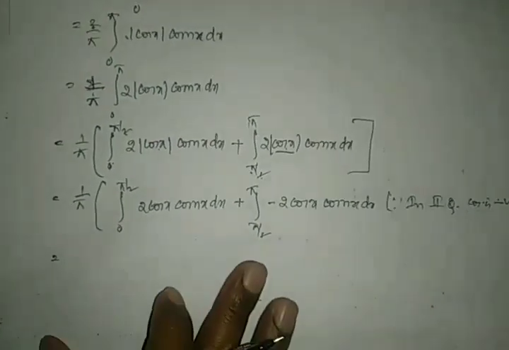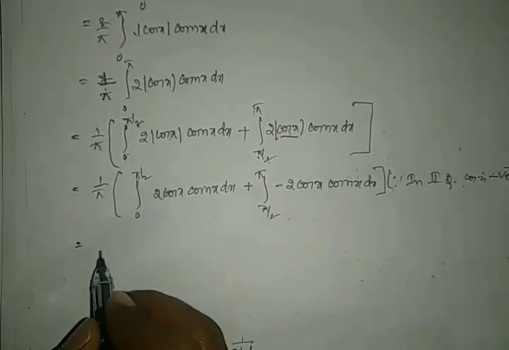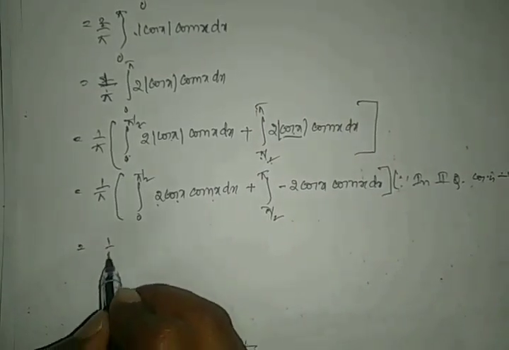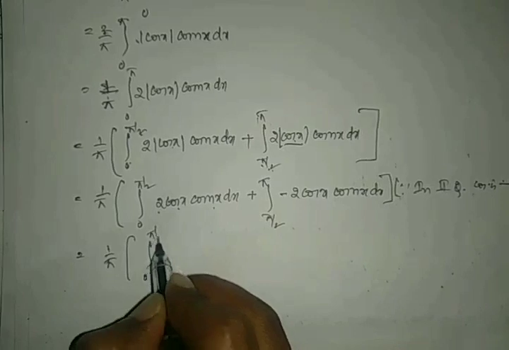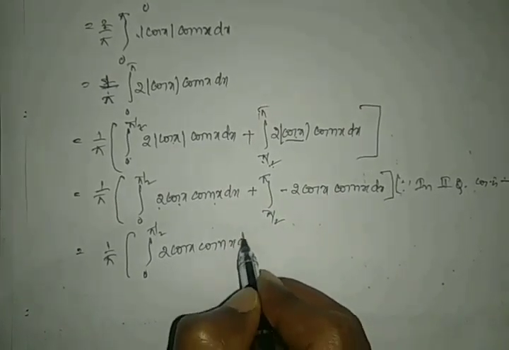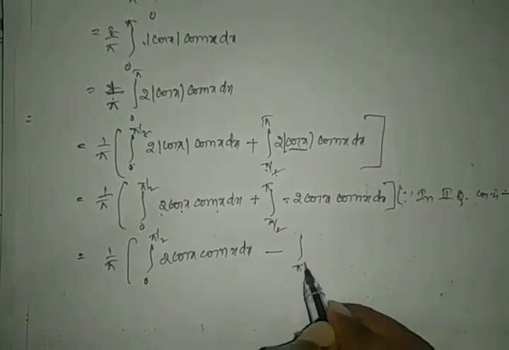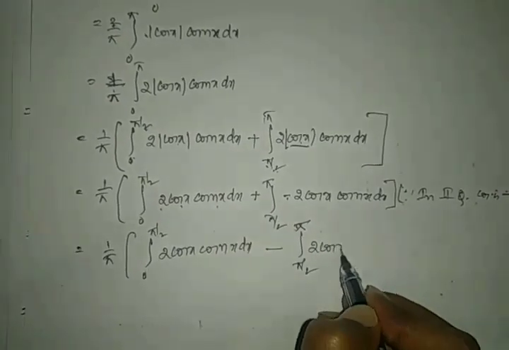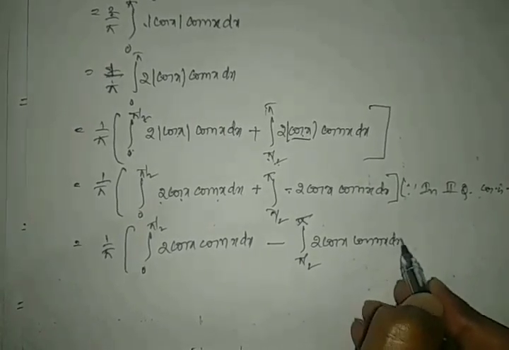That is equal to, now this is 2 cos A cos B, so 1 by pi into integral 0 to pi by 2, 2 cos x into cos nx dx, minus integral pi by 2 to pi 2 cos x into cos nx dx.